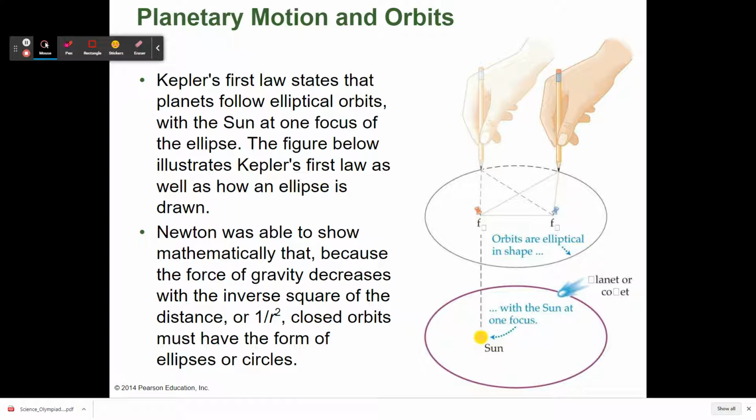So that's Kepler's first law. Planets follow an elliptical orbit with the sun as one of the focal points. Newton was able to show mathematically that because the force of gravity decreases with the inverse square of the distance, then closed orbits have to form ellipses, or circles, one of the two.